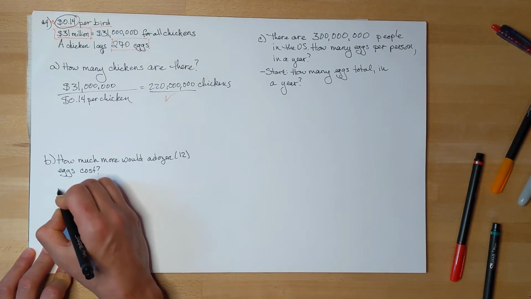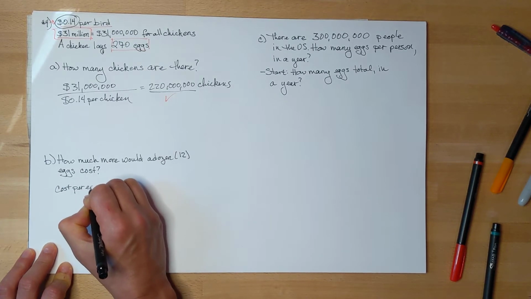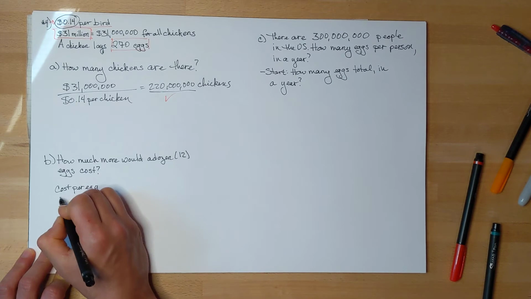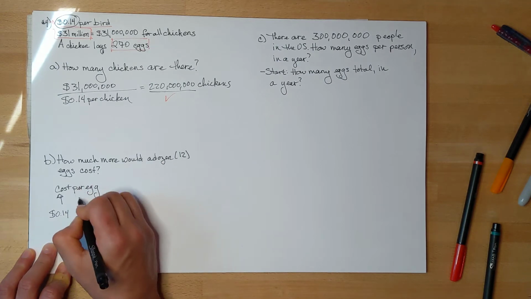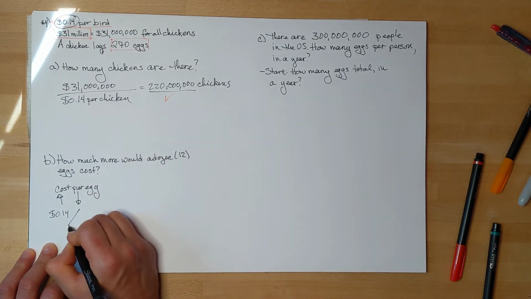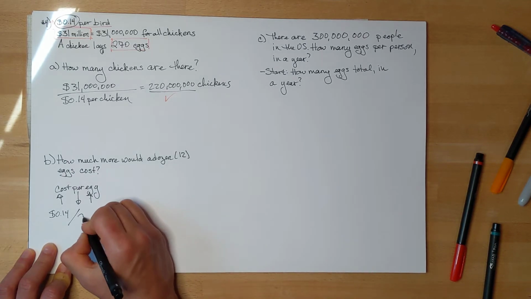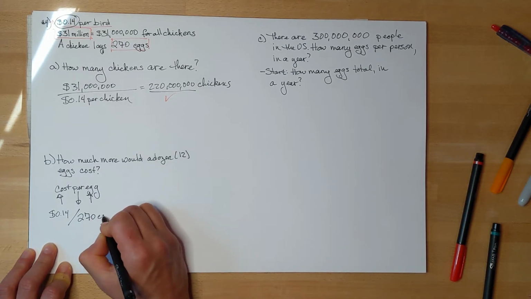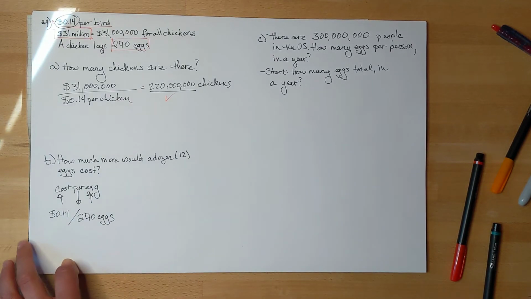So one way to do this would be to say, what is the cost per egg? And you get that by taking the cost, 14 cents, and dividing by, because per tells you to divide by, the number of eggs that 14 cents can protect, 270 eggs.